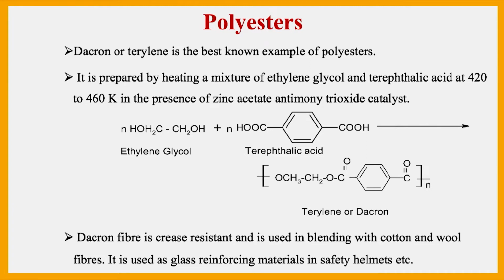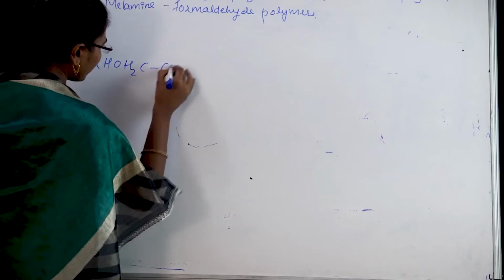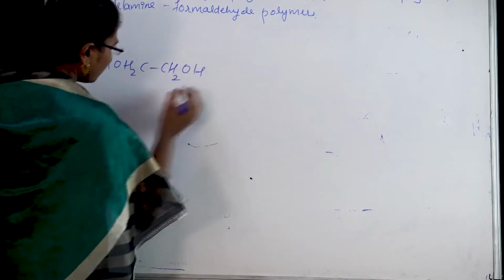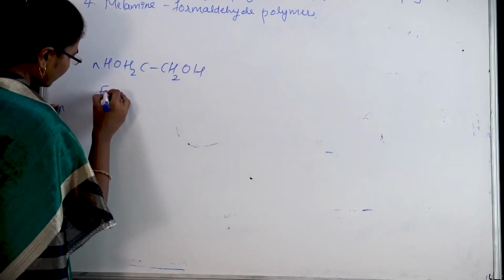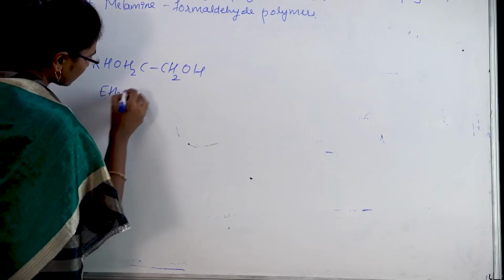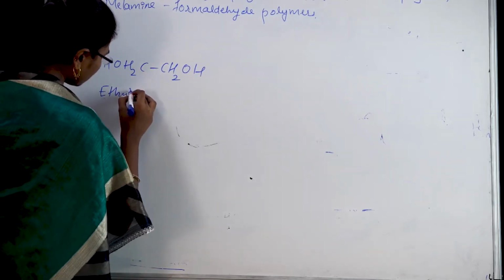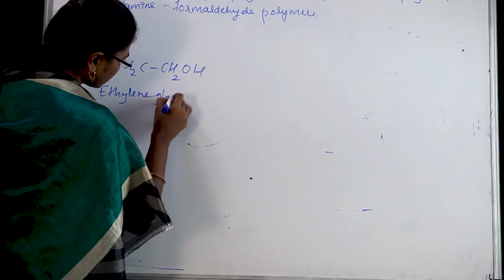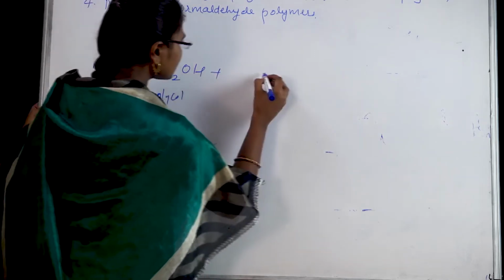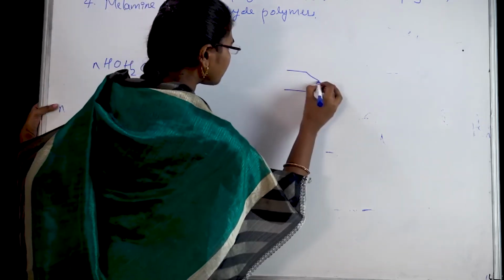So, here we will write the reaction. We are preparing Dacron by ethylene glycol plus terephthalic acid.